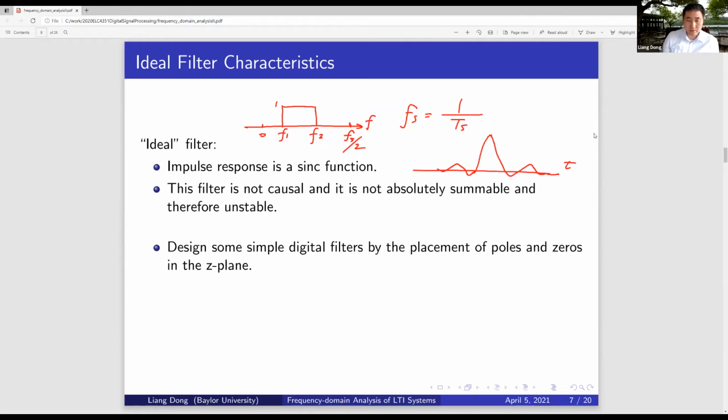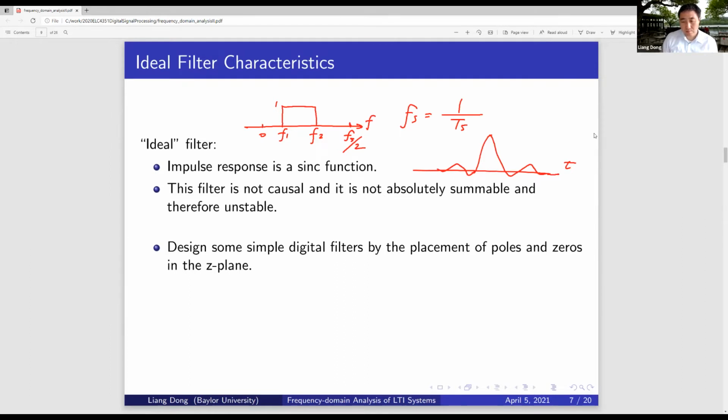Well, we want to design some practical digital filter. One important rule that we can use is we're looking in the Z domain, looking at the Z plane. If I'm looking at the Z plane, the system in the Z domain, we can discuss its zeros and poles.